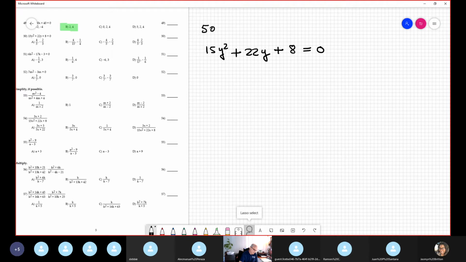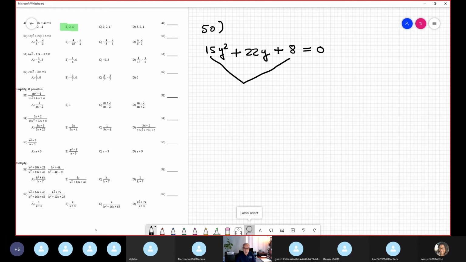Is it regular? Well, it is regular. However, when you multiply 15, wow, then it's not regular, it's special, because the coefficient here is 15.